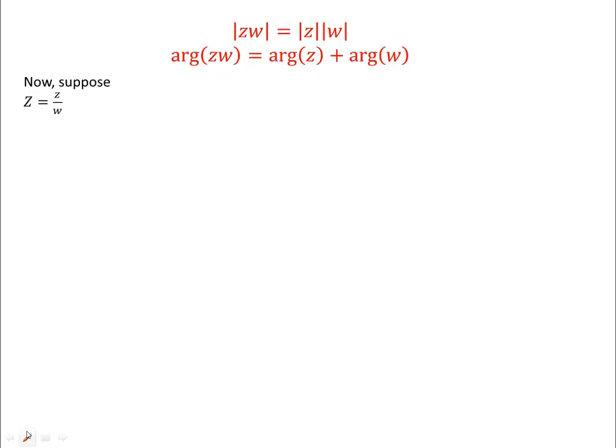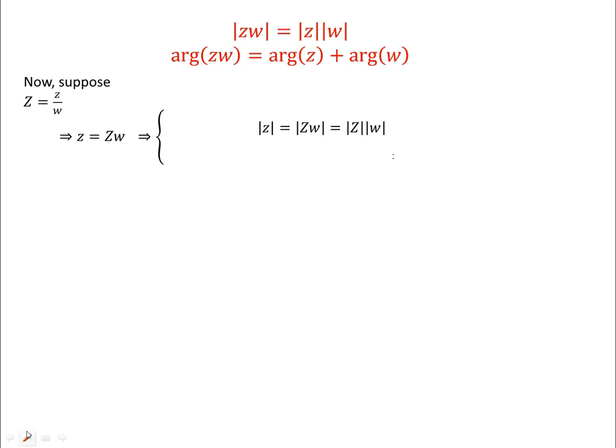Now we can move on and think about z over w. If we have capital Z equals little z over little w, then that rearranges very quickly to tell me that little z is big Z times little w.